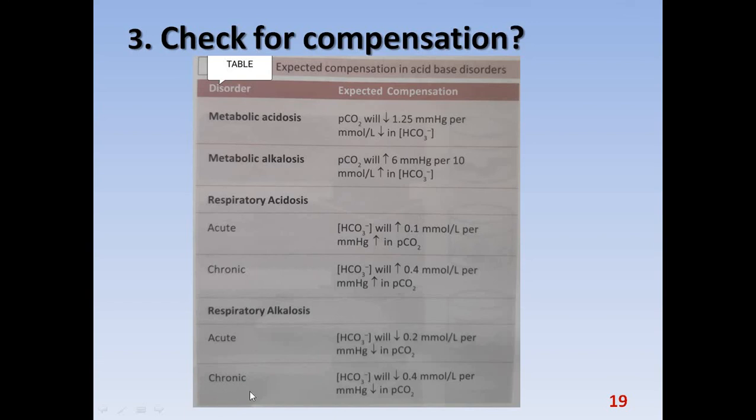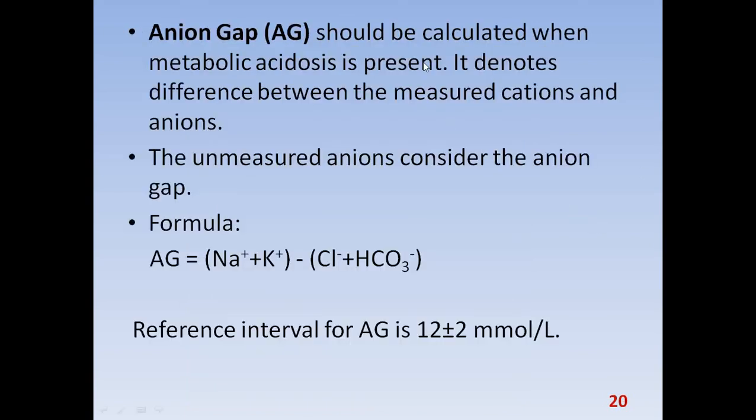And in chronic respiratory alkalosis, the compensation will be that bicarbonate will decrease 0.4 millimole per liter per millimeter of mercury decrease in PCO2. So this is the expected compensation for the disorders.